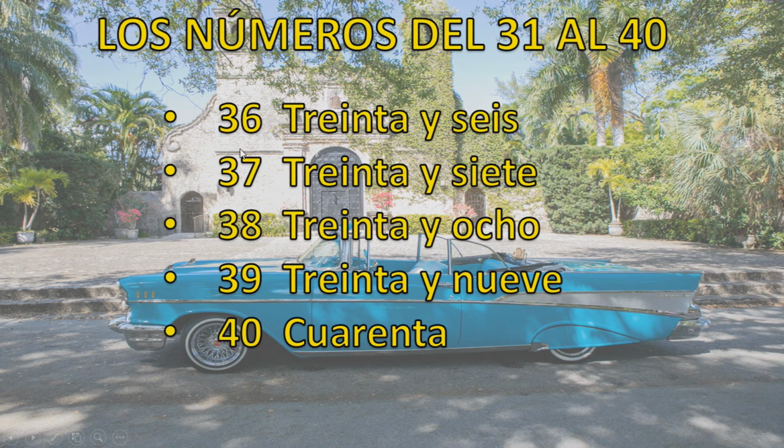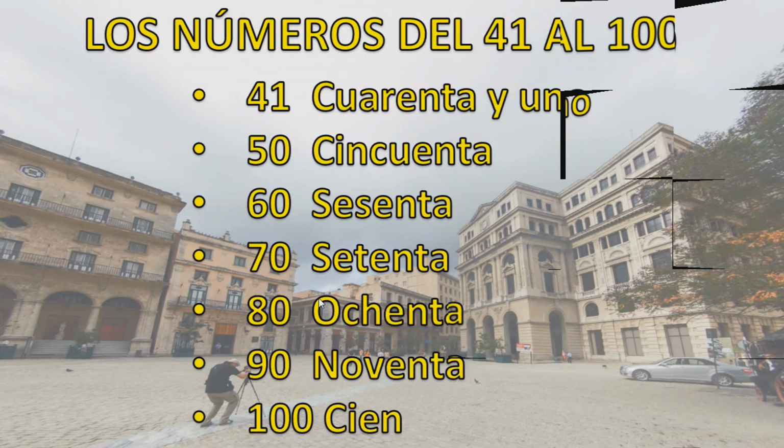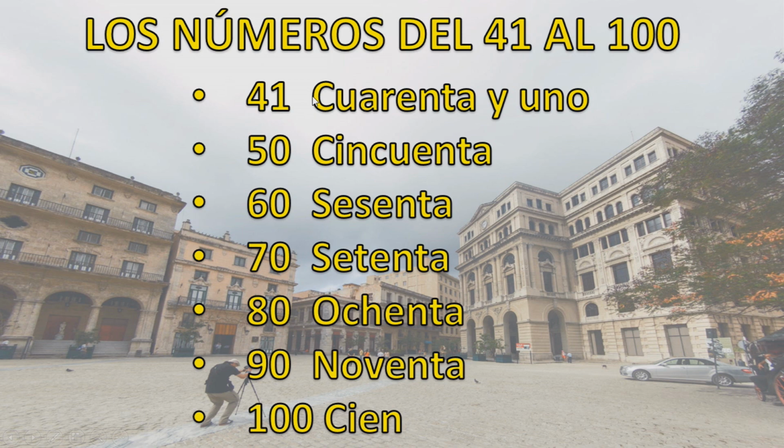36, 37, 38, 39, 40. Okay? And then I have 41. So the pattern remains like before, 31, 32, 33 until 39. In this case, the same. I have 41, then 42, 43, 44, 45, 46, 47, 48, 49, and then I have 50.